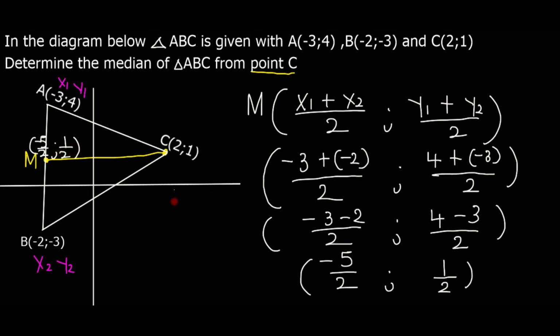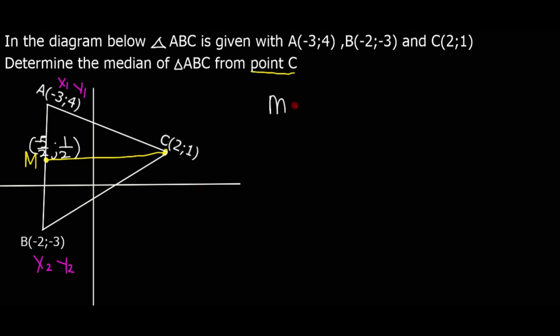So from there we can find the gradient of this line MC. The gradient of MC is the same as y2 minus y1, and then divide by x2 minus x1. So let's name these points.